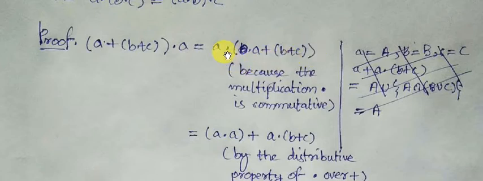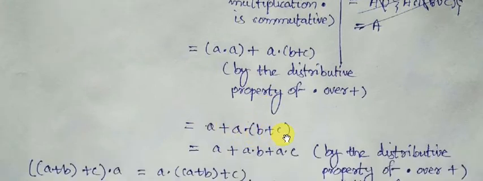Now we are using the distributive property of multiplication over addition. So this is equal to a into a plus a into (b plus c). And a into a is equal to a from the idempotent property, and the remaining part we have written a into (b plus c), same.